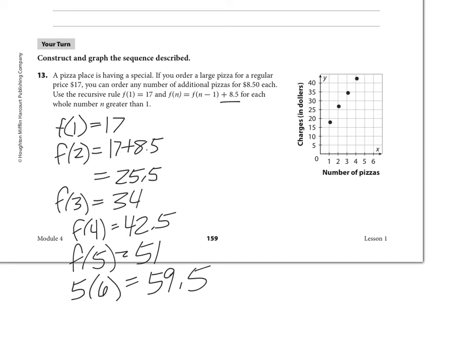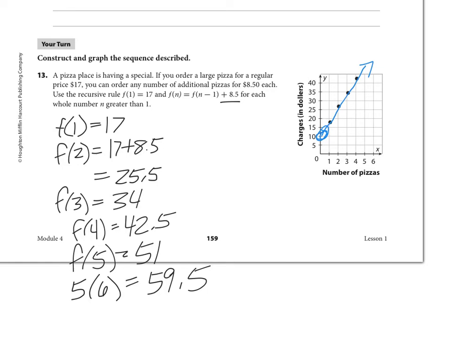Okay, now what you should notice is that this is a linear function. In other words, I can draw a line going through all these points. Now, I can't use a ruler on my iPad because it messes it up, so I just freehand it. One thing to note here, I'm not going to put an arrow on the end here, because I can't have less than 0 pizzas.